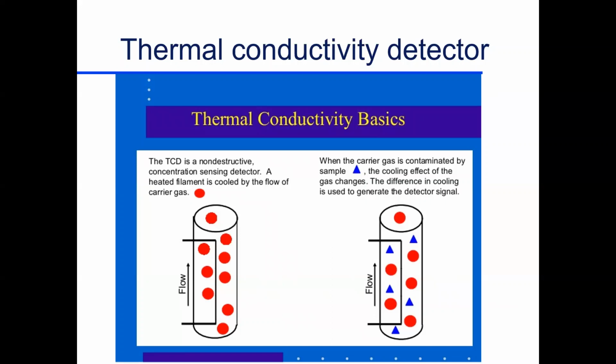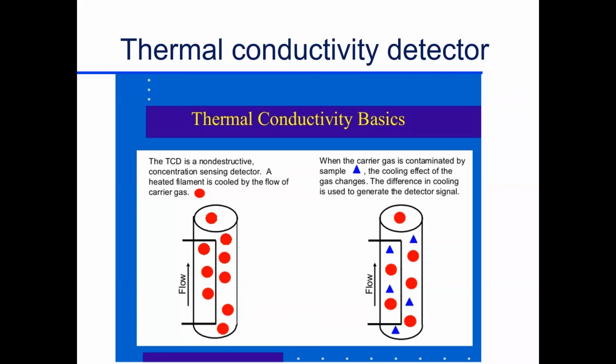In that case, we've got our gas flow through, so our mobile phase is coming through here. This is our gas molecules coming along here. This is heated, so we've got electrical current heating this, and we've got a device that measures the electrical current going through here.